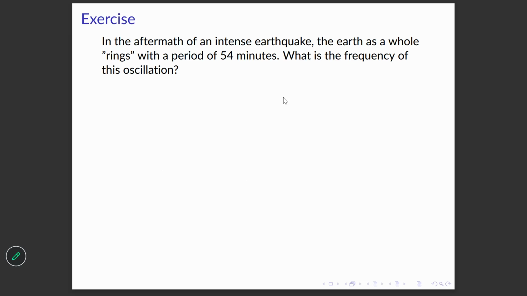We'll start here. If I tell you that the Earth rings with a period of something like 54 minutes, I want you to calculate for me what is the frequency of this oscillation. Do this together, please. Calculate f, if I tell you period equals 54 minutes.